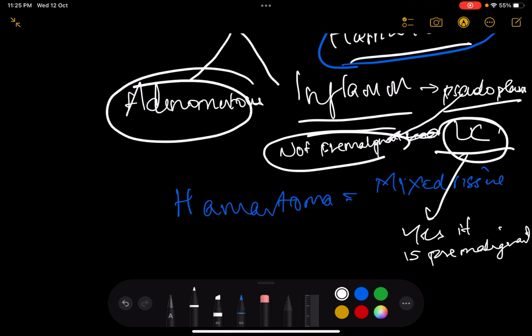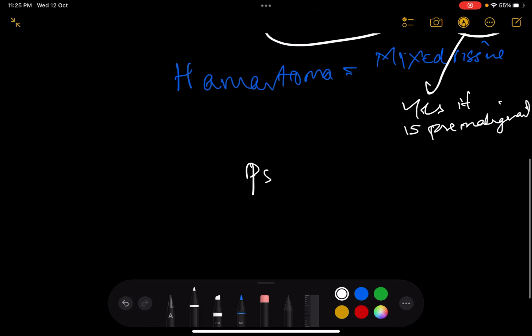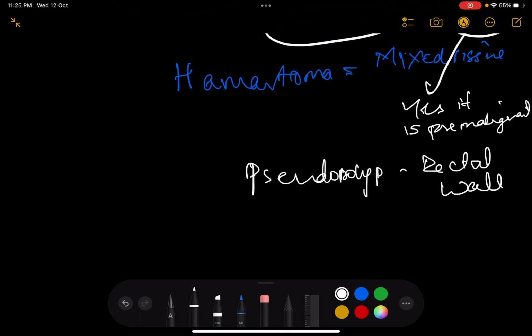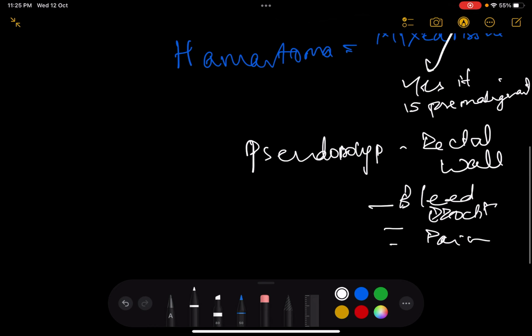That point being covered, if it's ulcerative colitis, that means the rectum is often involved when it's an inflammatory polyp. So the rectal wall is involved. There is bleeding, there is proctitis. As you all know about ulcerative colitis, there is pain and stuff like that.